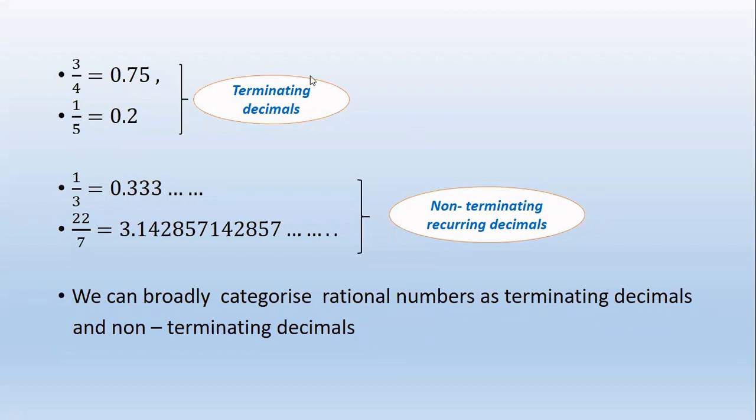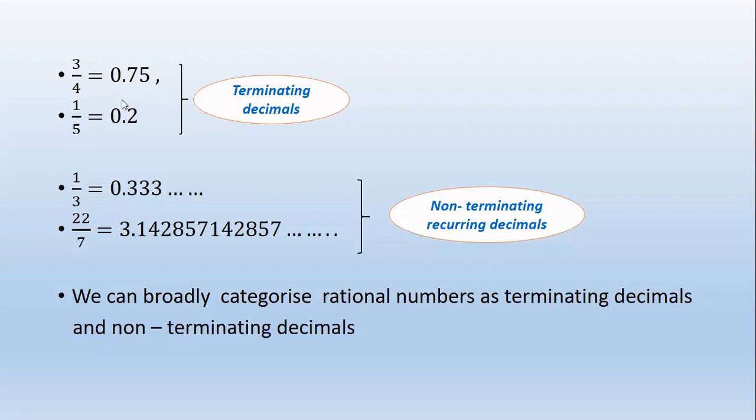Here, rational numbers are classified broadly into two categories: terminating decimals and non-terminating recurring decimals. If you take 3 by 4, that is equal to 0.75. Here we observe that after the decimal point, digits end, so this is a terminating decimal.